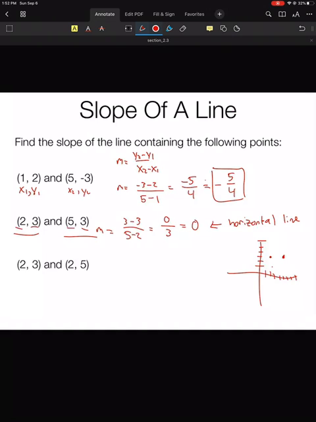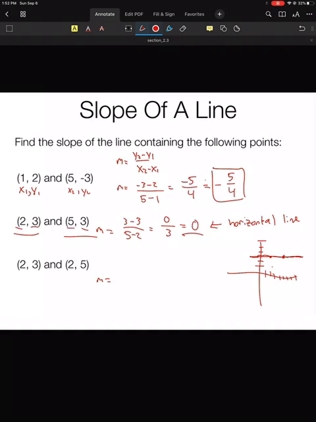All you need is 2 points to define a line. The line is the line that goes through both points. And if you look at that line, that is a horizontal line. So a slope of 0 means a horizontal line.